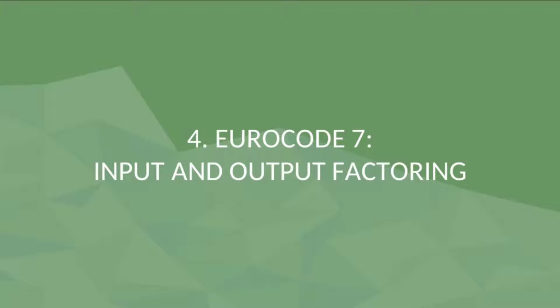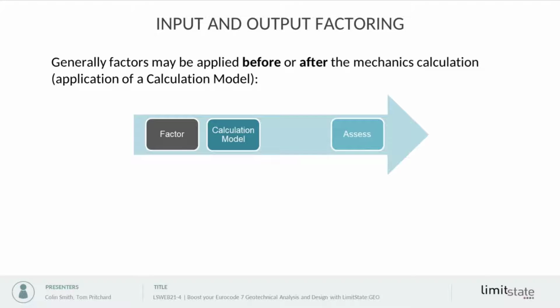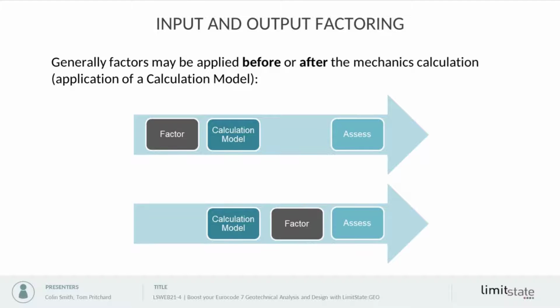So let's take a slightly deeper look at Eurocode 7. And this comes down to thinking about how we apply factors. Generally, we should be applying our factors either before or after our calculation model. So we can have what's called input factoring. We apply factors to our parameters, we run our numerical model, and then we assess the result.